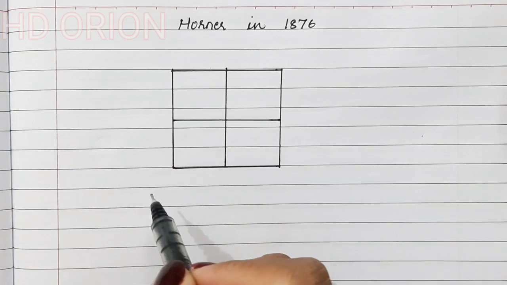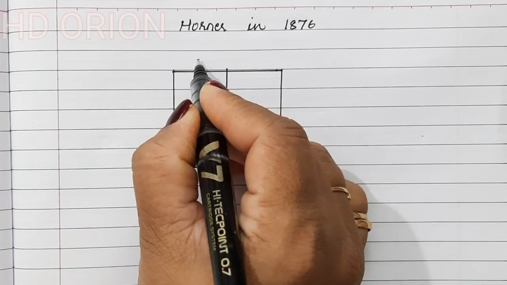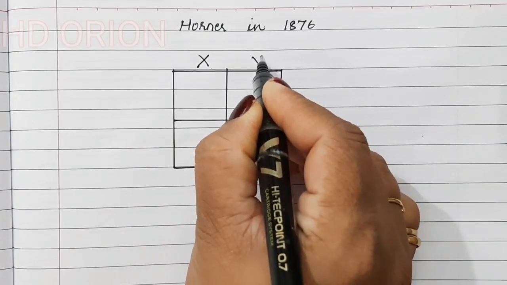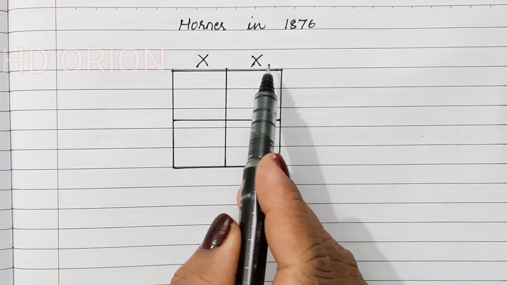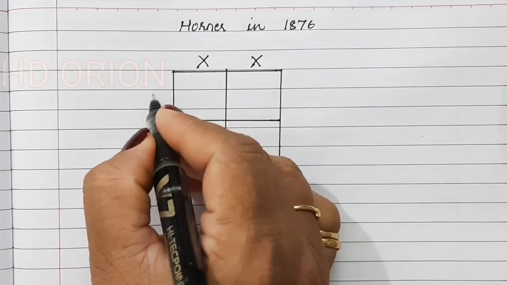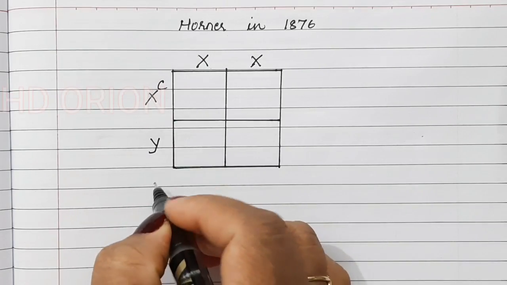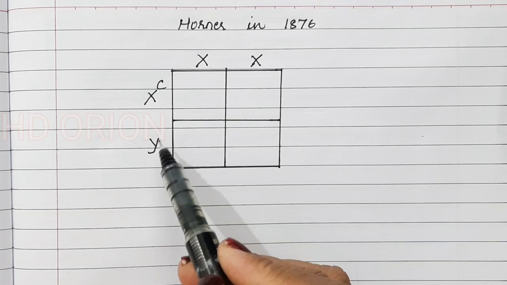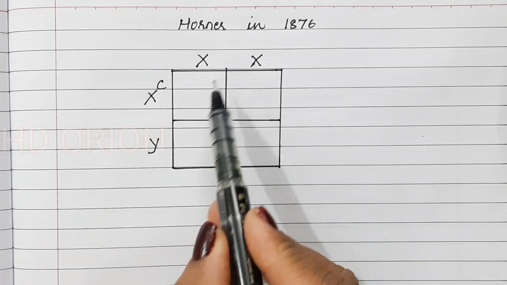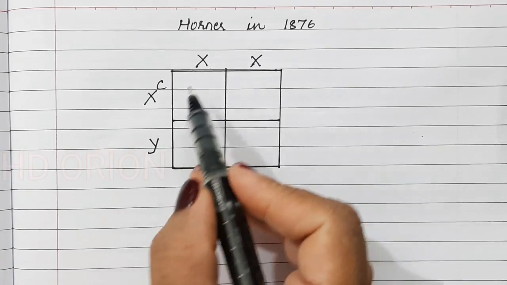I am taking the first example here. Let me take a normal mother. A normal mother means she has two X chromosomes with no gene of color blindness in either, and a color blind father. This is the Punnett square in which we are crossing a normal female and a color blind father. So what will be the combination?